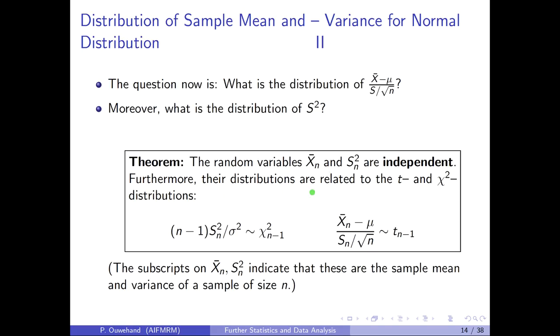Moreover, their distributions are related to the t and the chi-squared distributions as follows. n minus 1 times the sample variance over sigma squared is chi-squared distributed with n minus 1 degrees of freedom. And the sample mean minus mu divided by the sample standard deviation divided by the square root of n is t distributed with n minus 1 degrees of freedom. These results will become important when we consider confidence intervals for the sample mean and sample variance of a sample of normally distributed random variables later on.